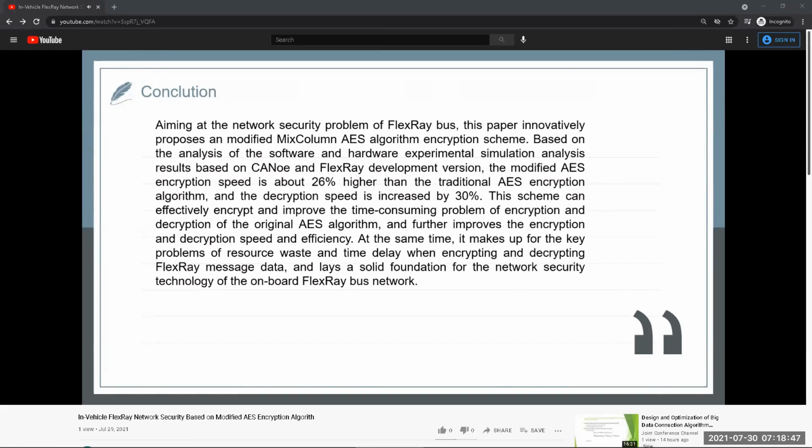It further improves the encryption and decryption speed and efficiency. At the same time, it makes up for the key problems of resource waste and time delay when encrypting and decrypting FlexRay message data, and lays a solid foundation for the network security technology of the onboard FlexRay bus network.